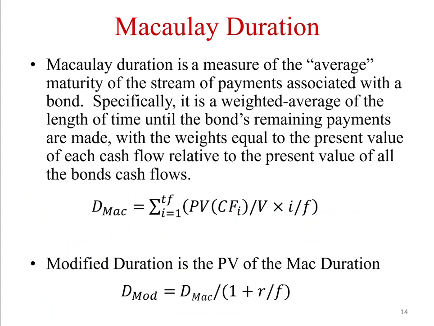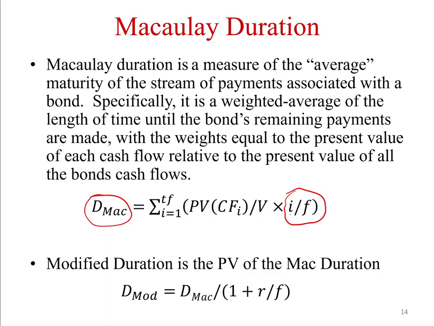So the Macaulay duration is a measure of the average maturity of the bond's cash flows. It's simply a weighted average time to getting your cash flows in present value terms. So you can think of the Macaulay duration as a weighted average of the present value of the cash flows. So you can think about, when do I get my money?